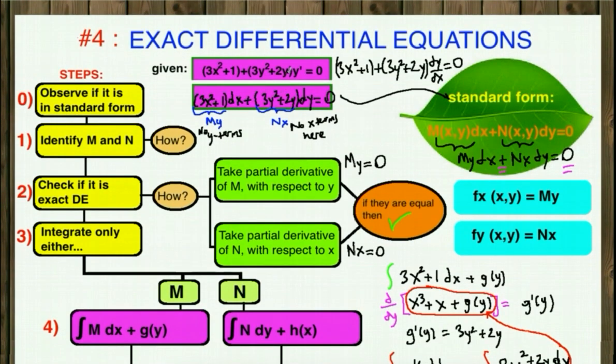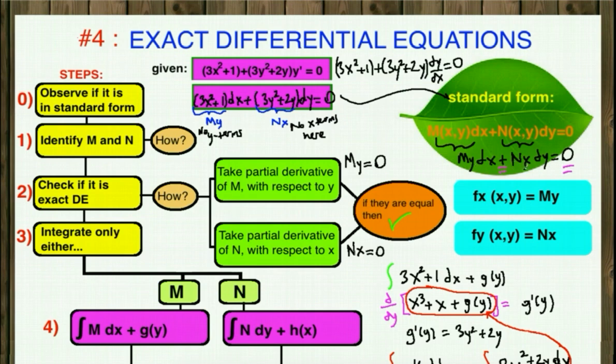We were given some function and we observe it, and we would like to see if it is in the form of m dx plus n dy equals 0. And here the plus sign and 0 are a must to check for standard form. The dx part of the function, we call it m, and the dy part of the function, we call it n.